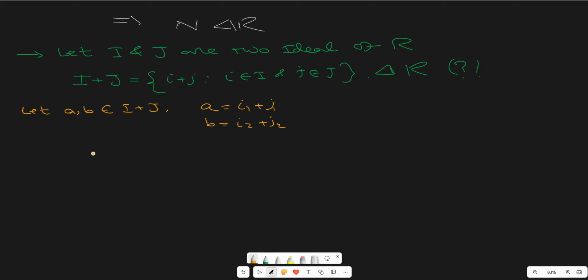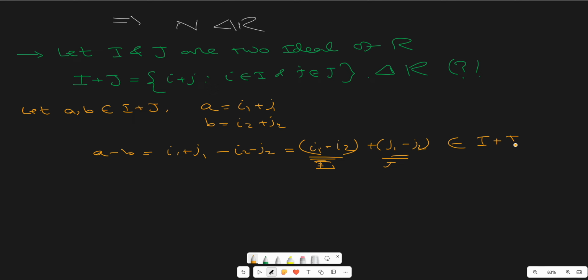So what is a minus b? a minus b will be i1 plus j1 minus i2 minus j2. You can write it as i1 minus i2 plus j1 minus j2. This is in I, this is in J. This implies that this is inside I plus J.